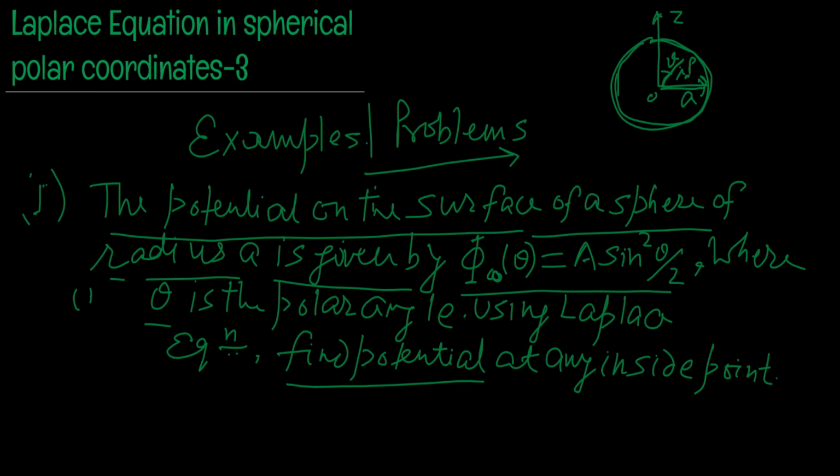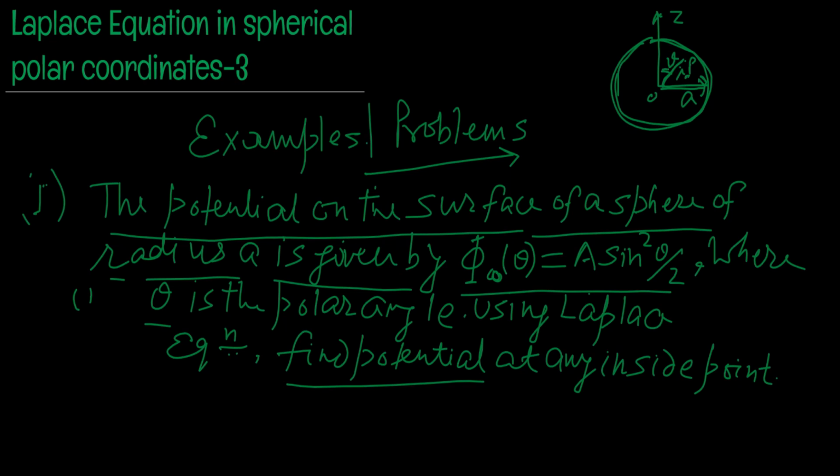The problem says we have to find the potential at this point, and it is given that potential at any point on the surface whose polar angle is theta is equal to a sine square theta by 2. Let us see how we will solve such problems.